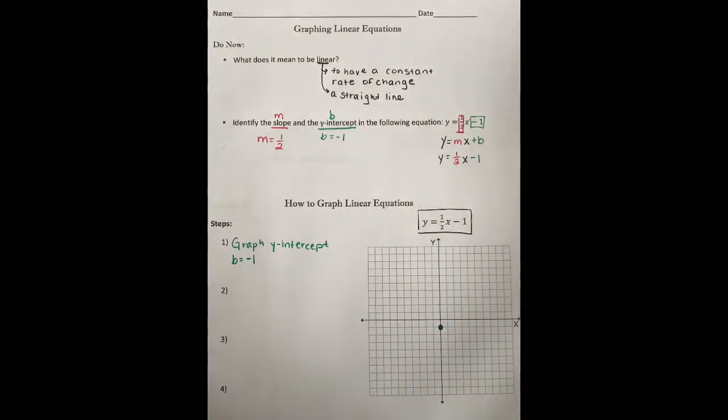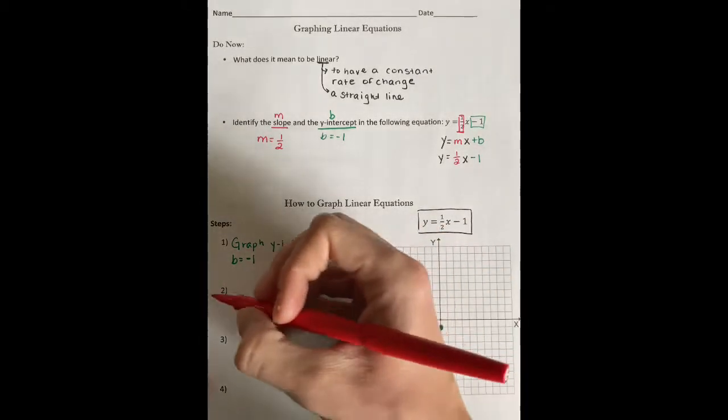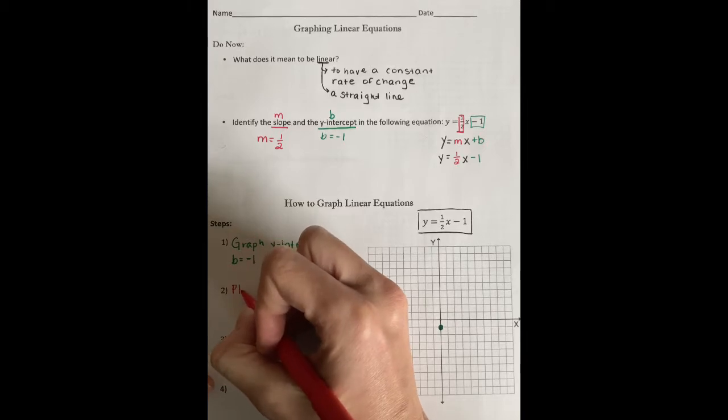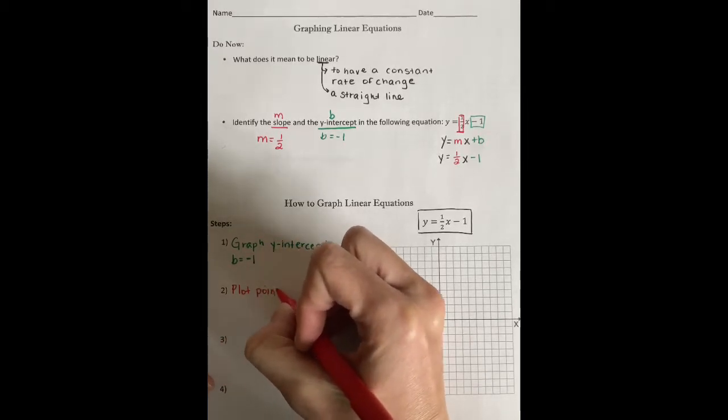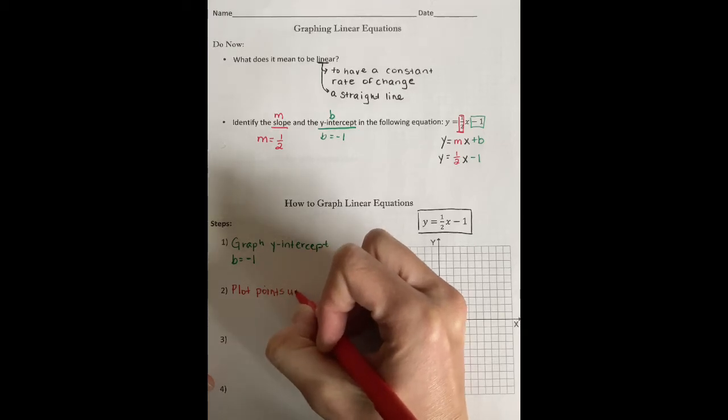Our second step is to create more points on that graph. In order to create additional points on that graph, we need to use our slope. So step 2 is going to be to plot points using the slope.